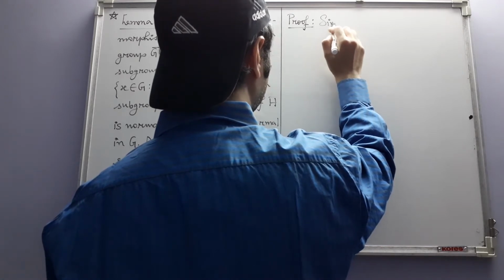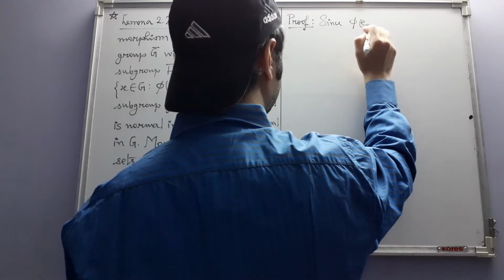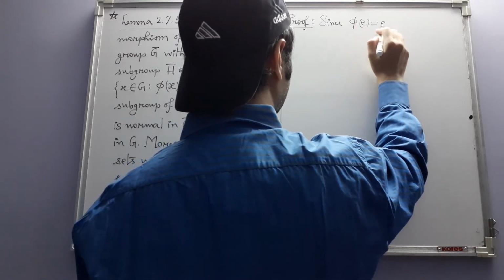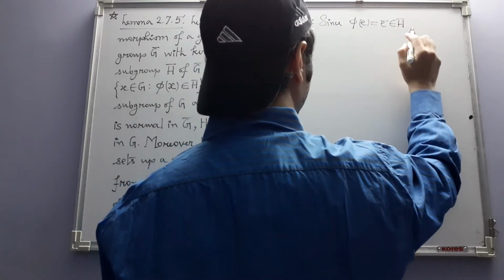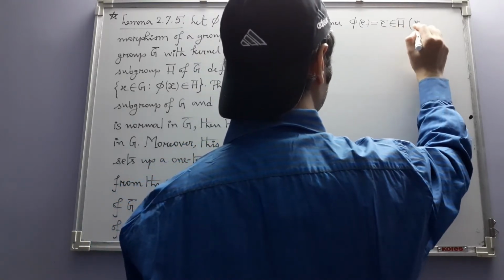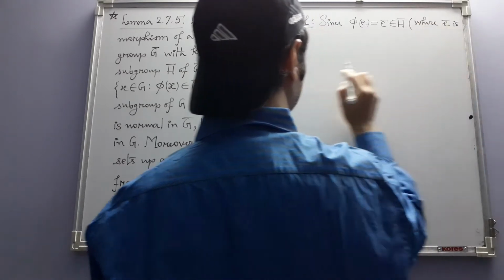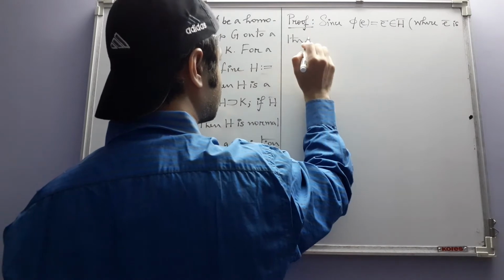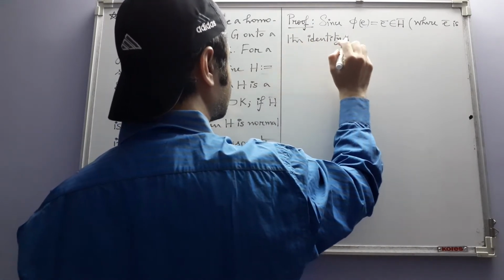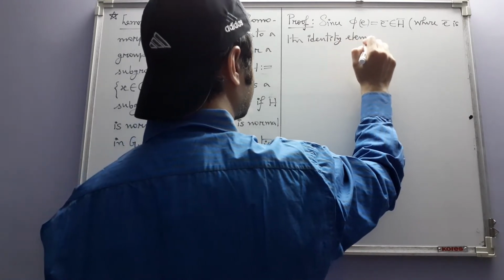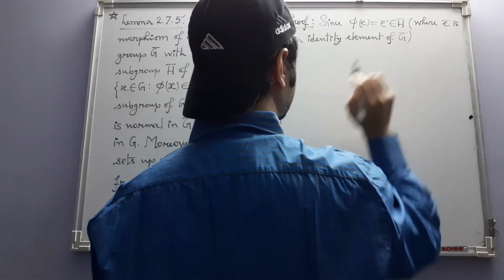Since phi of E is equal to E bar, this belongs to H bar, where E bar is the identity element of G bar.